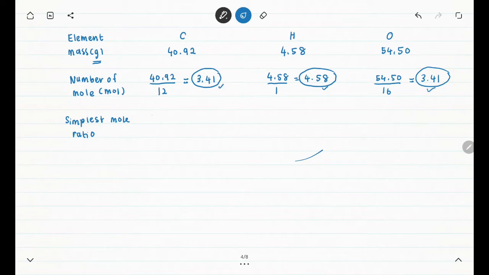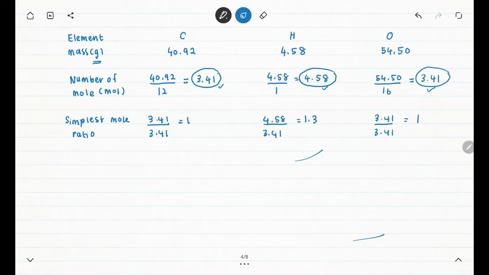So for carbon, 3.41 divided by 3.41, you will get 1. For hydrogen, 4.58 divided by the smallest mole 3.41 equals 1.3. And for oxygen, 3.41 divided by 3.41 equals 1.